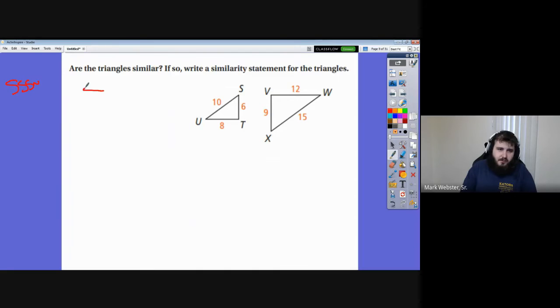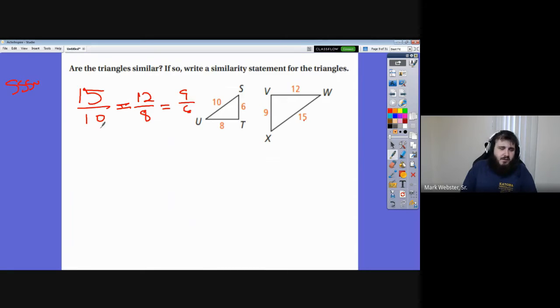So 15 over 10, because that's the big side here, that's the big side here. And that has to be equal to 12 over 8. Notice how I'm also making sure to do the same one over the same one. So I'm doing the right side triangle over the left side triangle, and then 9 over 6.